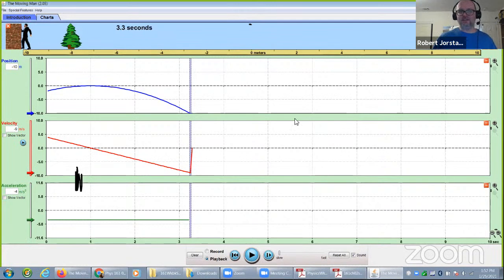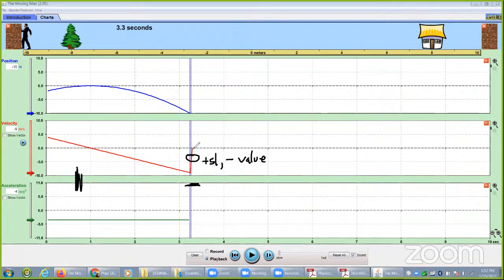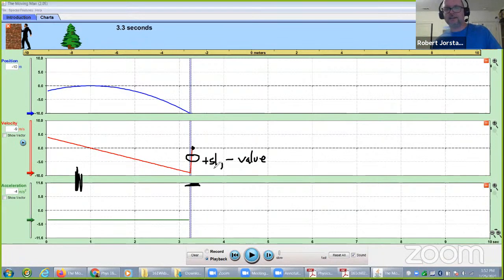Now we're into this region right here where you have a negative velocity, but you have a large positive acceleration, right? This is a positive slope. Negative value. Is it speeding up or slowing down? Slowing down. Slowing down. And notice, what's the speed right here at the end? What's the speed after he smashes into the wall? 0. 0.